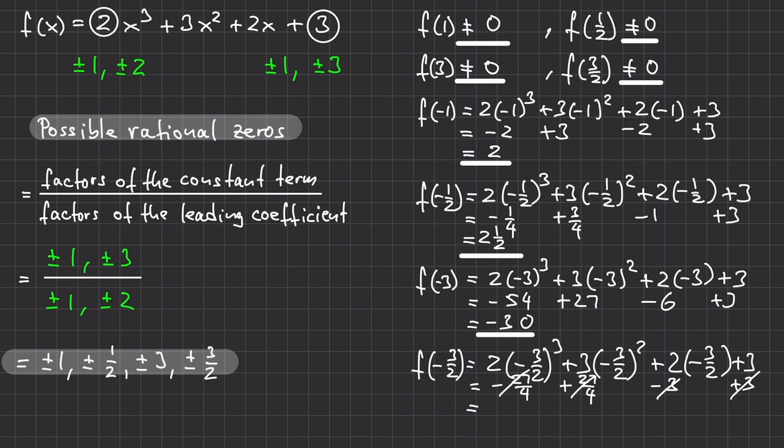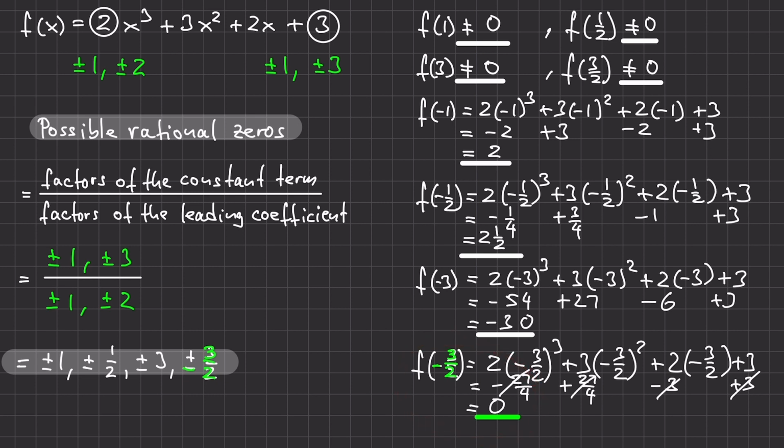So f of negative 3/2 equals 0. We see that the only rational root is negative 3/2, because f of negative 3/2 equals 0.